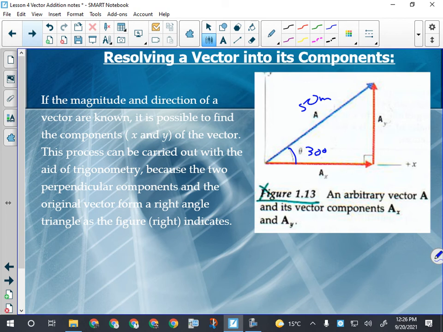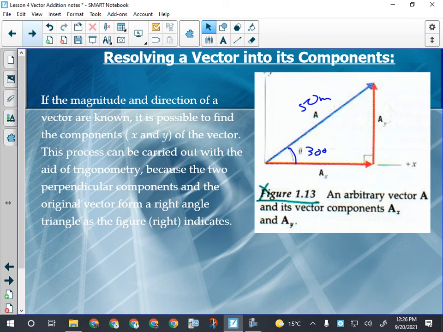So what part of the triangle do I know? What do we call the longest side? The hypotenuse. So I know the hypotenuse, and I know one angle, which means I can use sine and cos to get the other 2 sides, and that's what we have to do. So I'm going to find the other 2 sides of this triangle using those 2 trig functions.